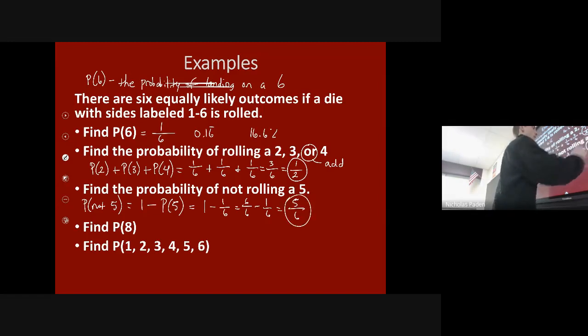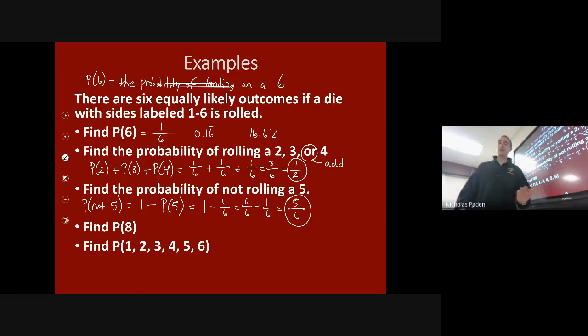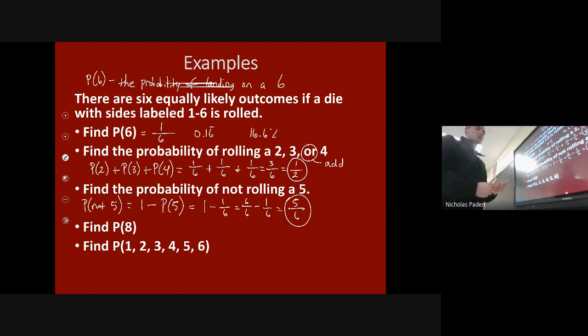And if you think about it, think about how many sides don't have a 5 on them: 1, 2, 3, 4, and 6. 5 out of 6 of those sides don't have a 5, and so that's why it would be 5 over 6. Another way we could think about that is we're finding the probability of a 1, a 2, a 3, a 4, or a 6. Well, you add those probabilities up, you get 5 out of 6. So that's the probability of not rolling a 5.